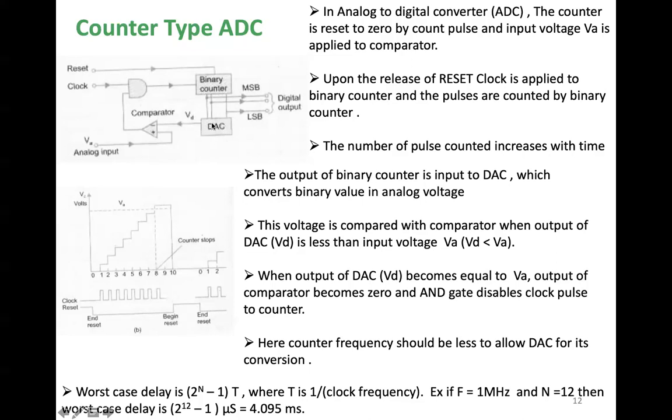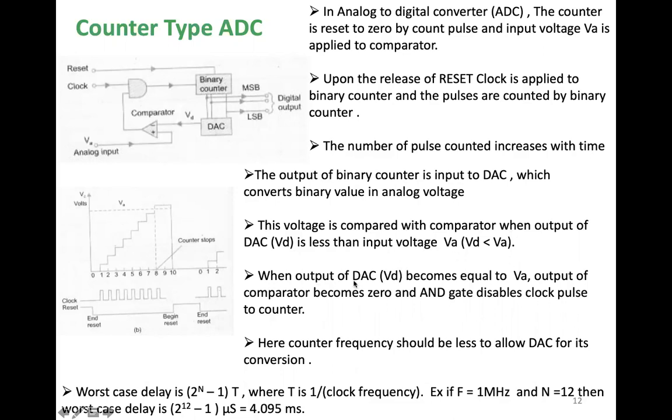This will give me the analog value and it will compare both the values. If let us say VD is greater than VA, then what is going to happen? This voltage is compared when VD is less than the input voltage.